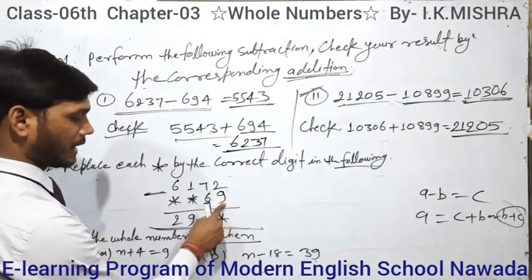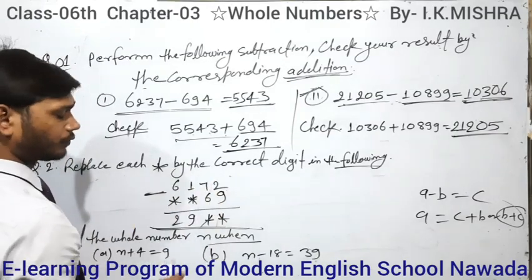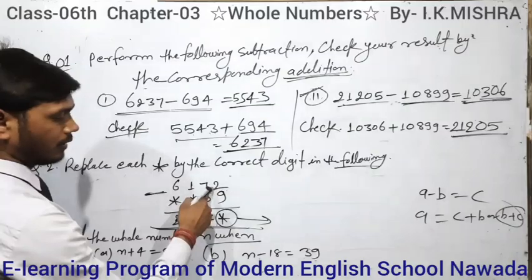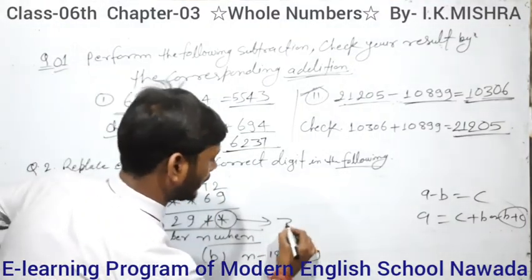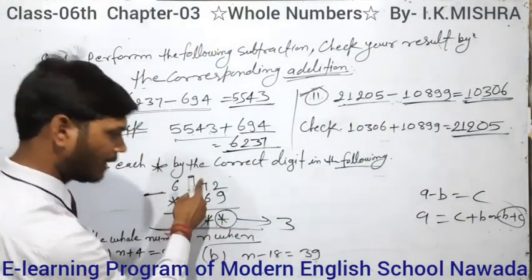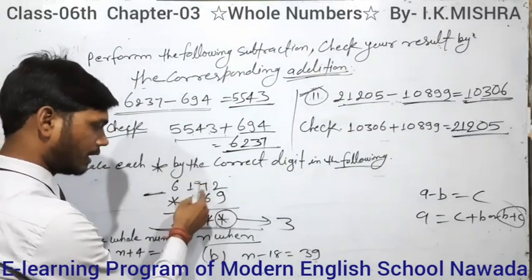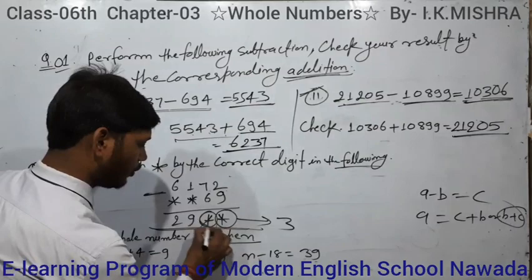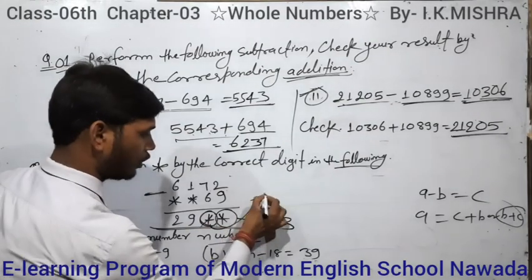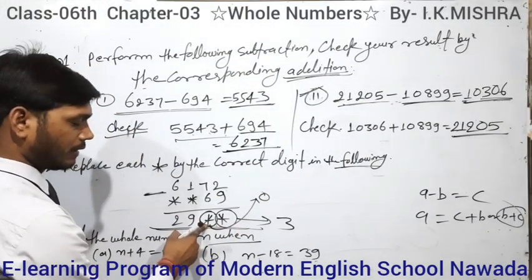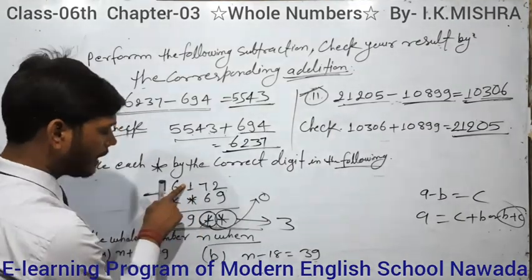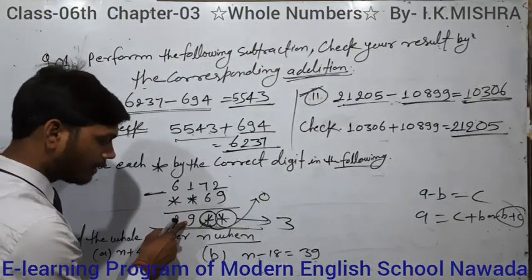First subtract 9 from this 2. You will get at the place of this star, if you subtract 3, carry 1 to this, it will be 6, and if you subtract it, you will get 0 at this place, this place 0, after that it will be 1, and you have to write here 9.